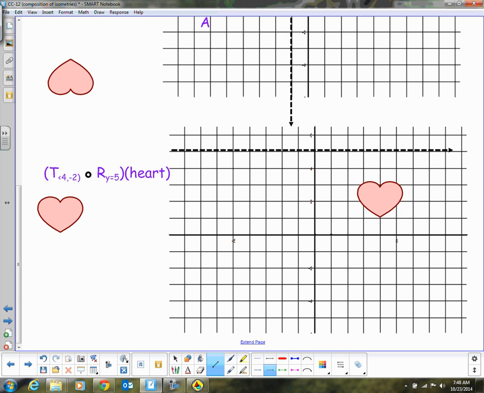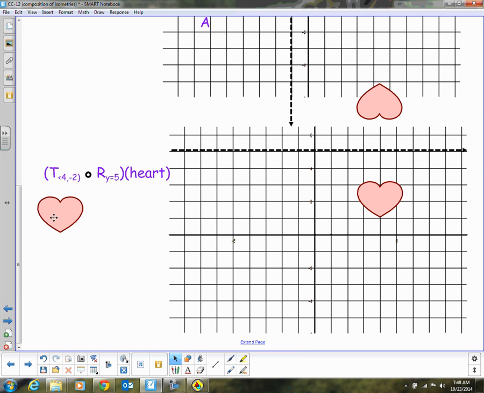So what am I supposed to do? So if this is 2 down, what do I need to be? Approximately 2 up. Then what am I supposed to do? I'm supposed to take this figure right here and do what to it? 4 to the right, 2 down.